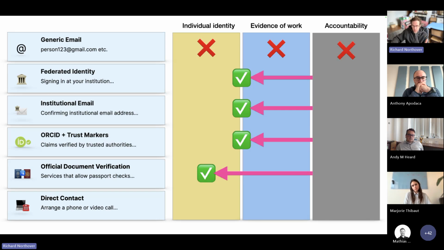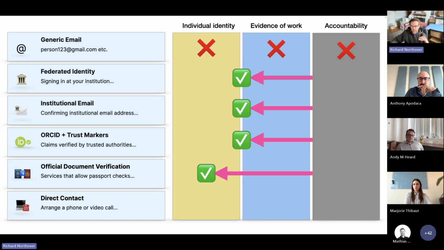Institutional IDPs and email addresses give us a bit of both and a potential route to accountability via that institution. But like I've said, not everybody has access to that route. ORCID with trust markers can similarly give us information about the person and about what they may have done in the past, with a route to accountability via the organizations that vouched for those claims as being true, rather than just being something that a person claimed about themselves, which is what trust markers are.